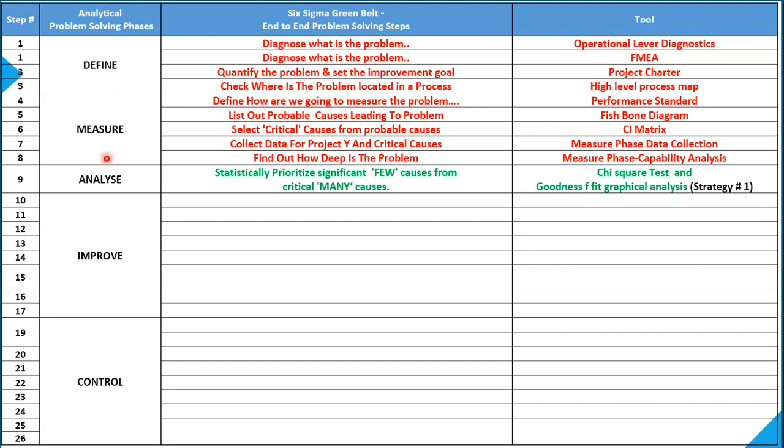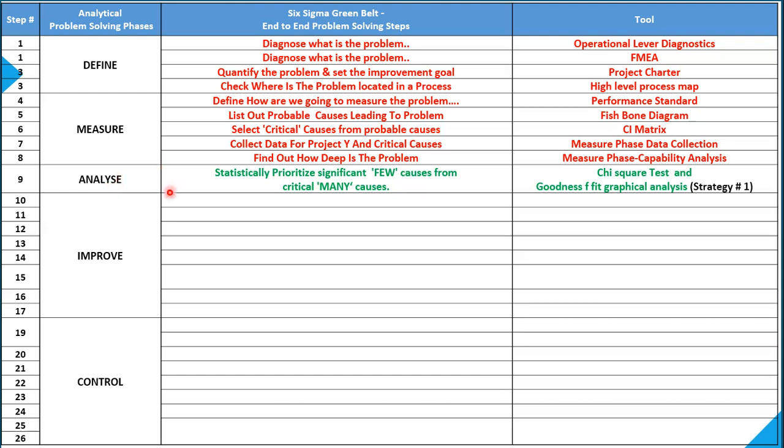After the define and measure phases, we enter into the analyze phase. In the last video, we had a conceptual briefing about hypothesis testing: how we are supposed to state the hypothesis, null hypothesis and alternate hypothesis, steps of hypothesis testing, importance of hypothesis testing, then p-values, how we infer based on p-values, and how much risk is associated. All of that we have seen in the analyze phase.